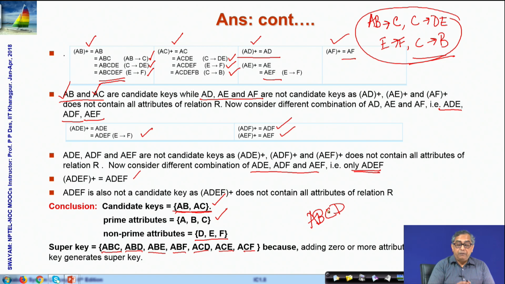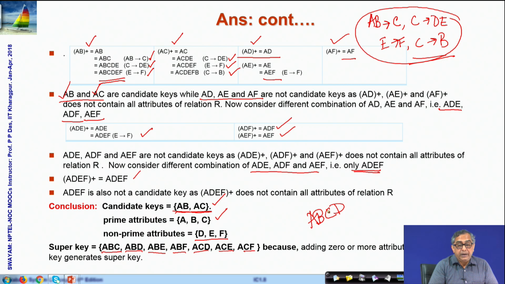So, this is how for this particular example we have been able to compute the candidate keys. We have found 2 candidate keys. We have found the prime attributes, the non-prime attributes, and a whole lot of super keys that can come from the candidate keys. And as I had mentioned a little while ago, this is a case where there are more than one candidate keys.